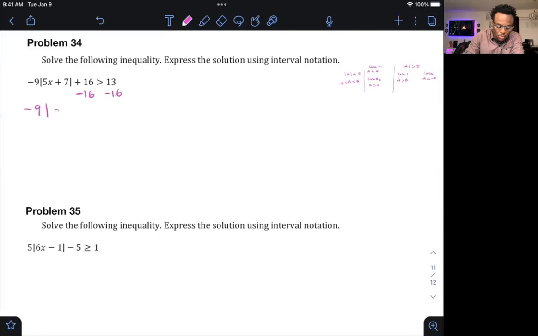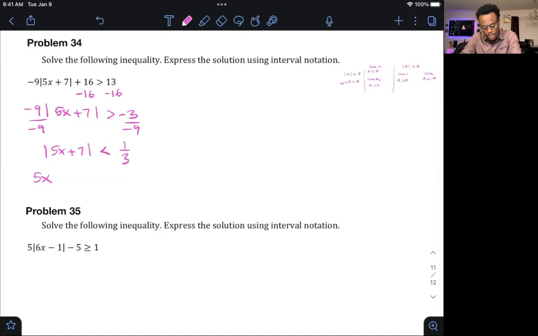Negative 9 times the absolute value of 5x plus 7 is greater than negative 3. Divide by negative 9. Absolute value of 5x plus 7 is less than 1/3, because when we divided by negative 9, you swap the sign. So let's create the two cases.